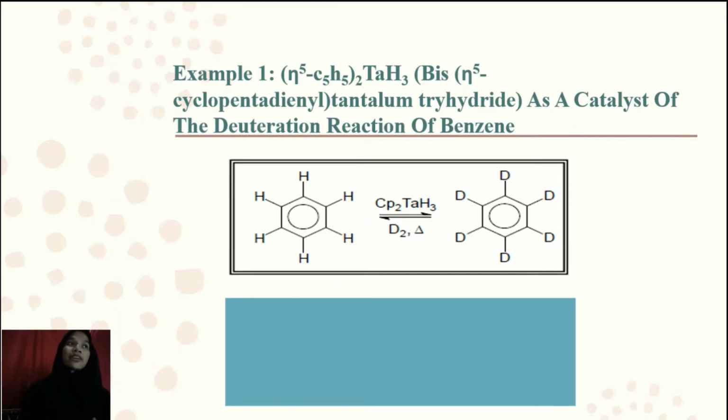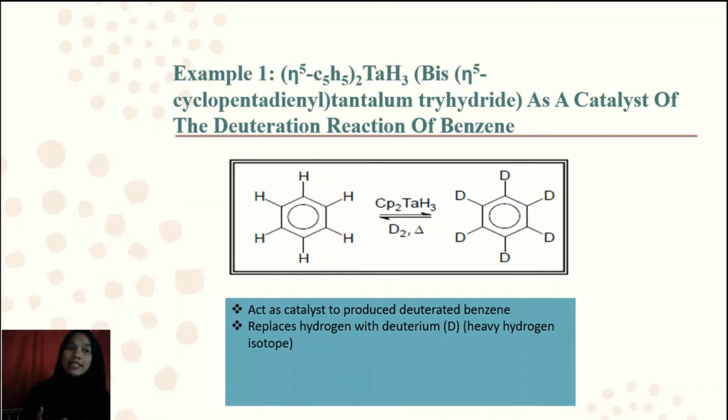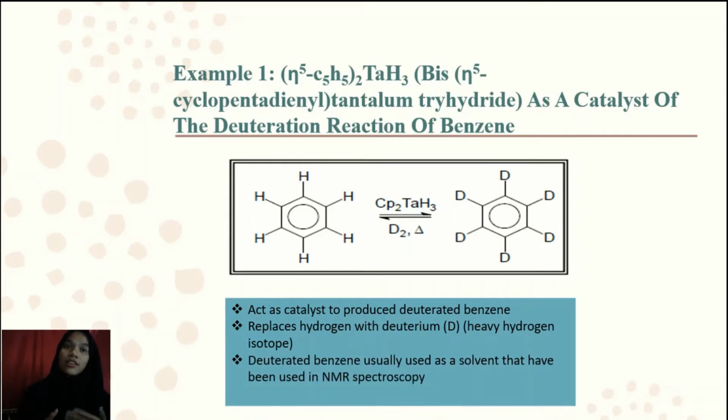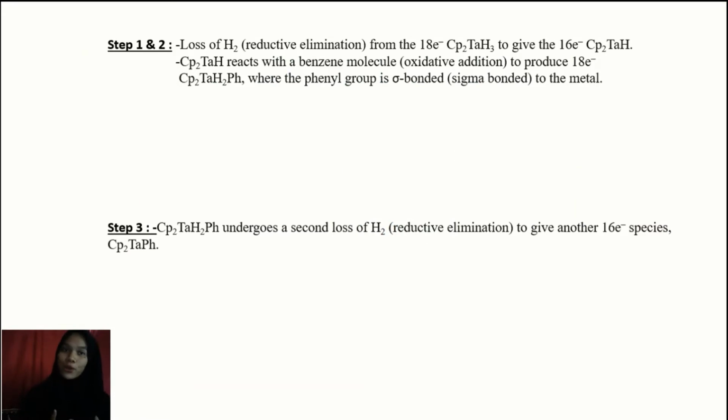This catalyst replaces hydrogen with deuterium D, which is a heavy hydrogen isotope. The deuterated benzene produced is usually used as a solvent in NMR spectroscopy.